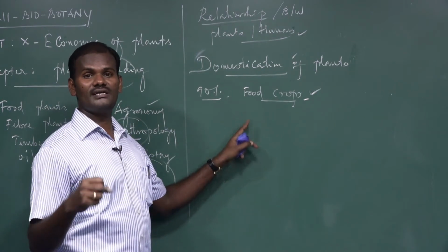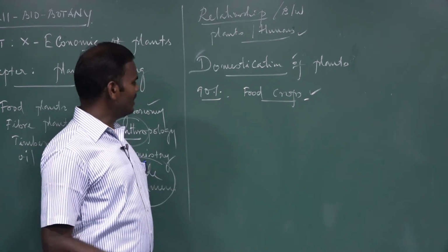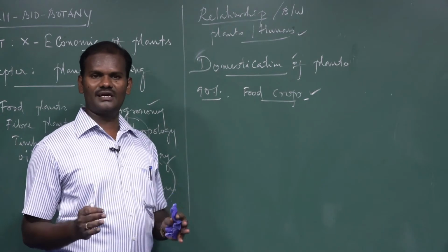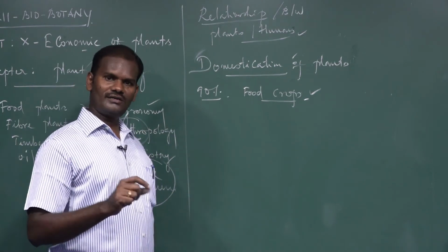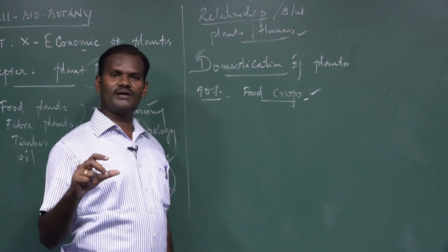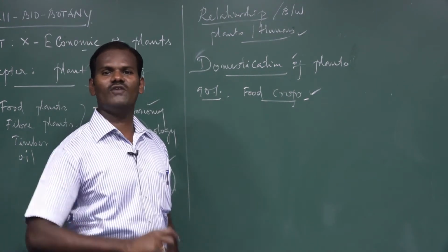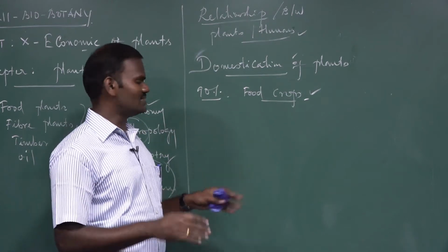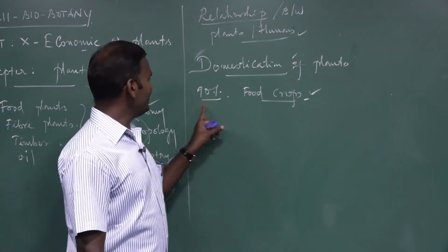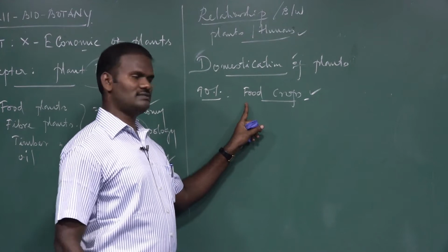They are not cultivated properly. And nearly 5% of food crops are existing; the entire world depends upon this. Only 15% of food crops are utilized as food. Remaining species are extinct.